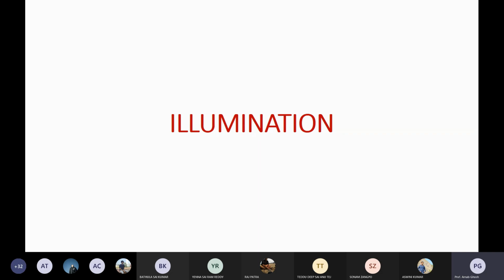Then measurement and instrumentation, another specialization. Power electronics and drives, another. Now a new topic, energy management, is coming, which is another specialization. And illumination is another most important specialization.